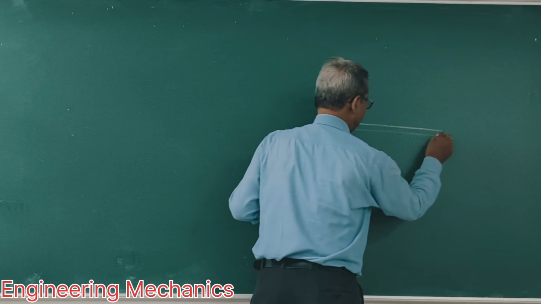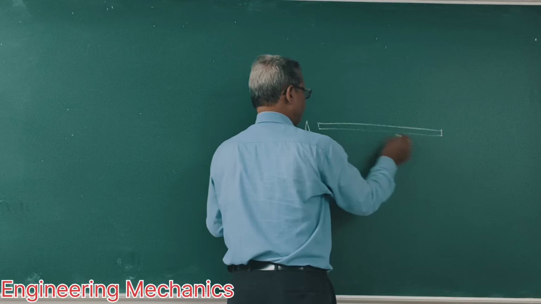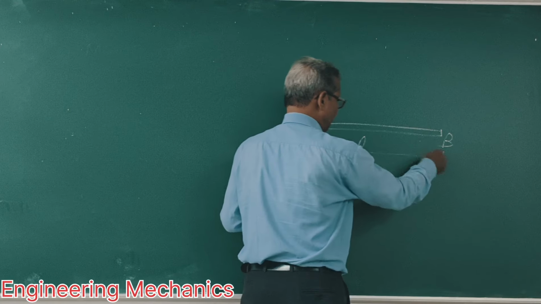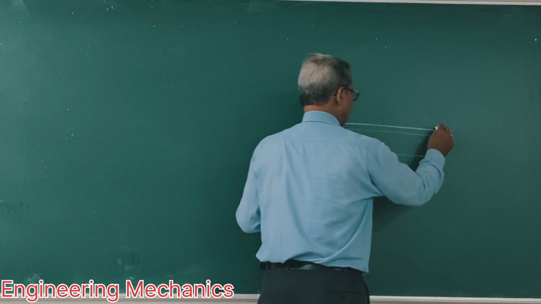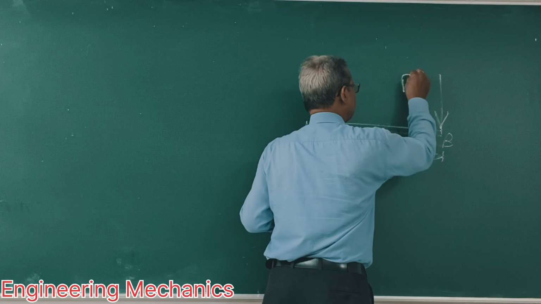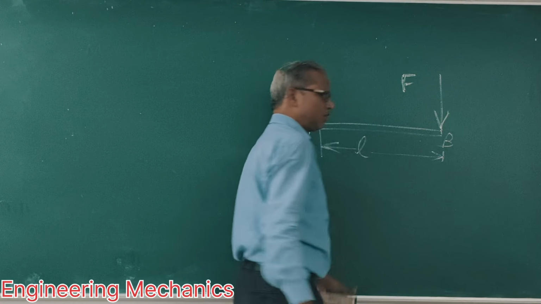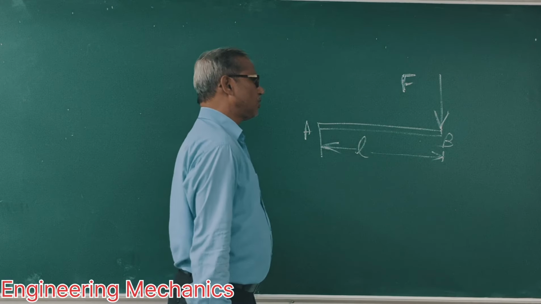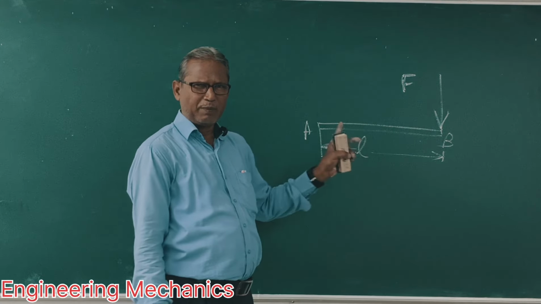Suppose this beam AB, its length is L. This is force F. The magnitude of force is F. So what is the moment of force F about point A?